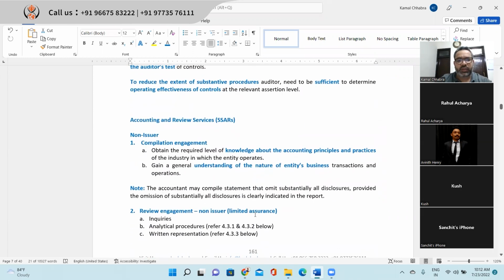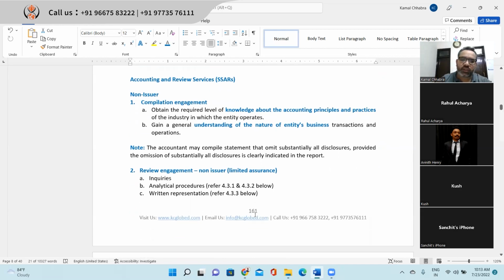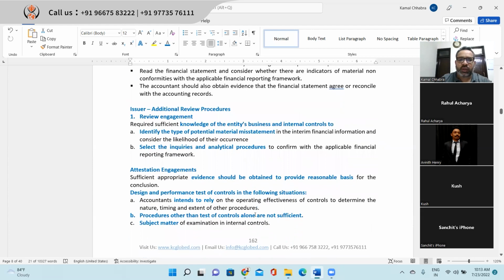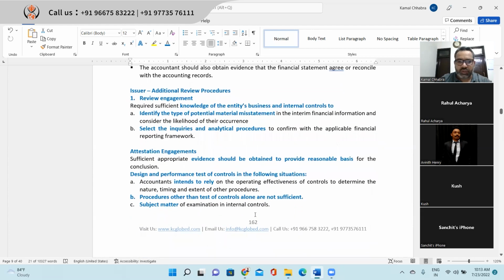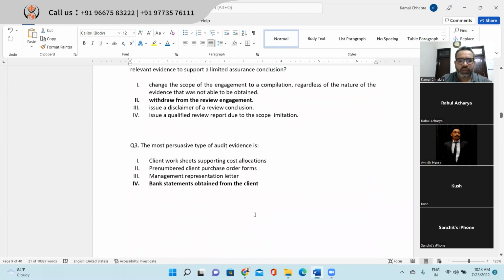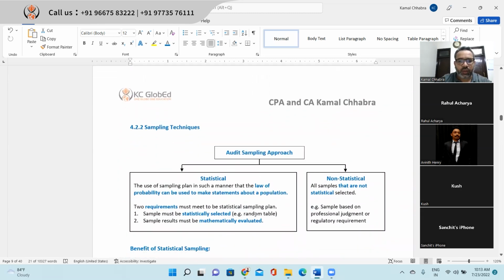After that, we discussed accounting and review services, which follow SSARS for the non-issuer, compilation engagement and review engagement, and what all things need to be done. And then we discussed the issuer, what additional procedures are required, and attestation engagement. Then we did certain practice questions as well, right?